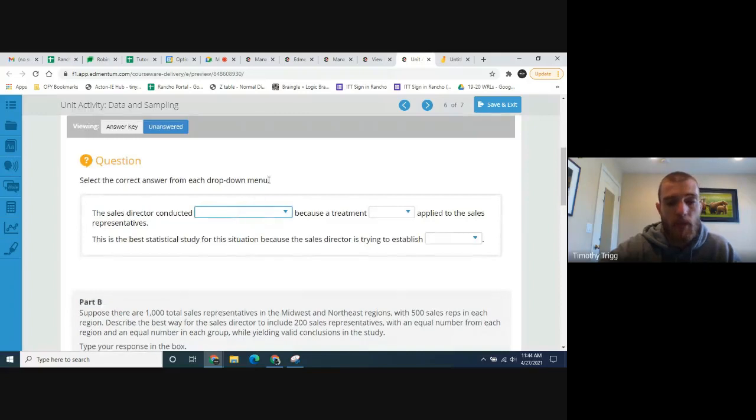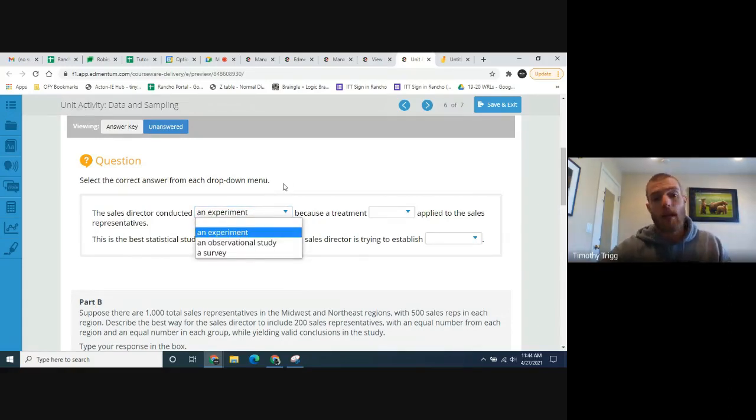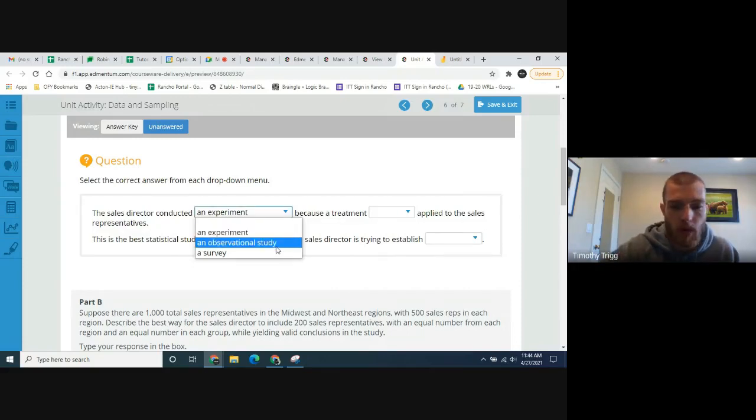So whenever you're splitting into groups like that, that's what we call an experiment, okay? There's the experimental group, the ones that receive the training, and the control group, the group that doesn't. He's not just observing data, and he's not conducting a survey. He's splitting people into groups.